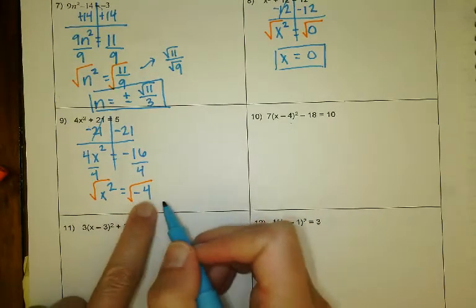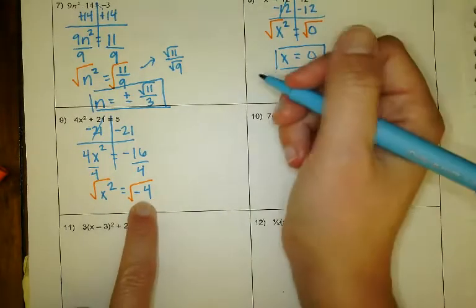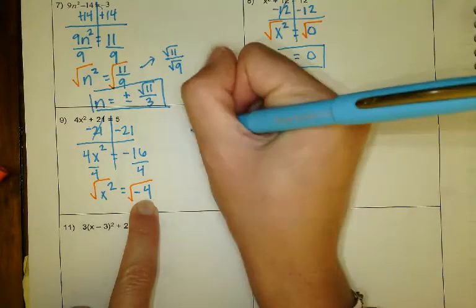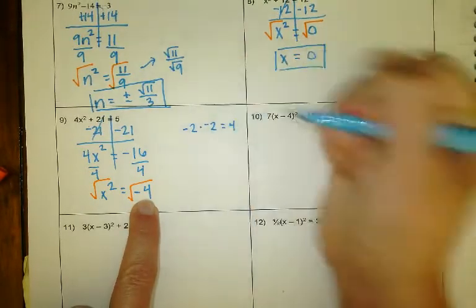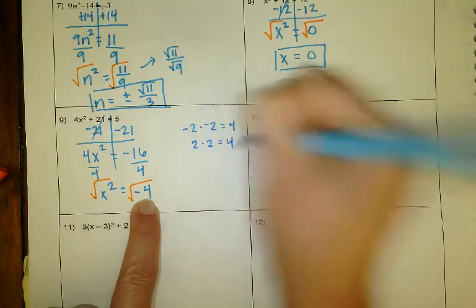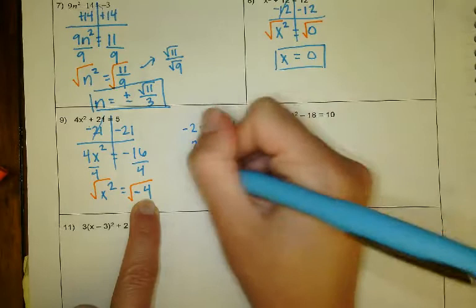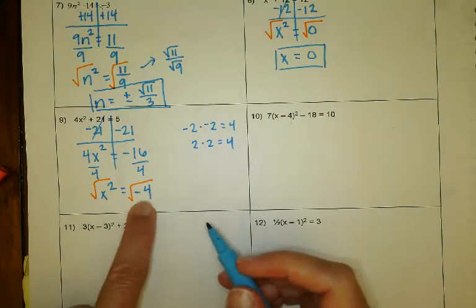Because if I ask you what number times itself makes negative 4, well, if you tried negative 2 times negative 2, it would make positive 4. Obviously, if you picked 2 positives, they make a positive. And you can't pick opposite signs because then it wouldn't be a number times itself.